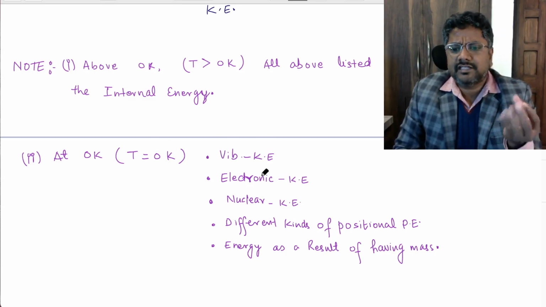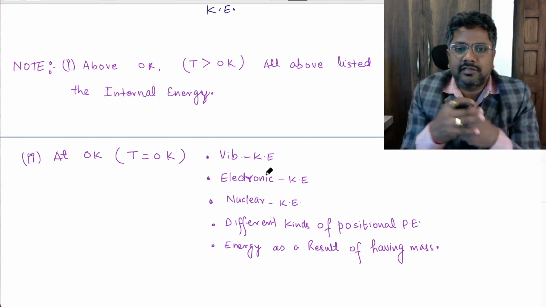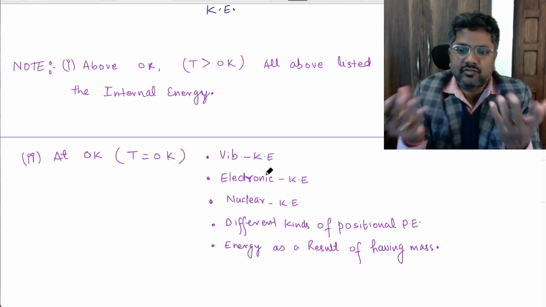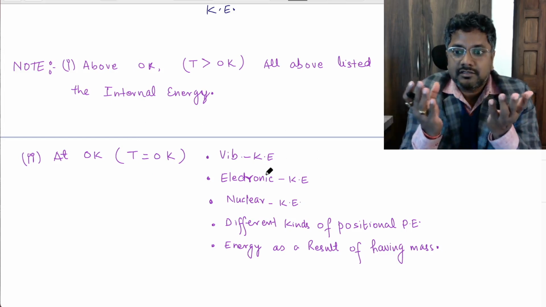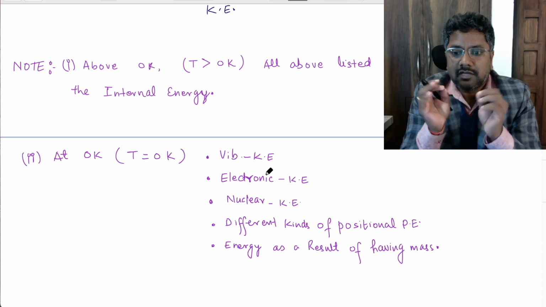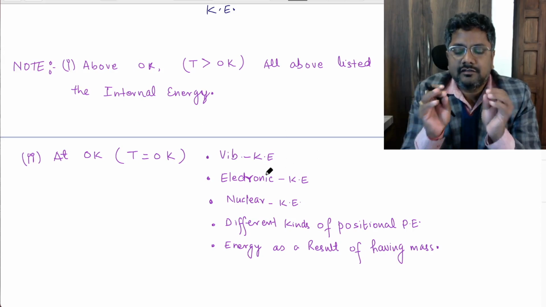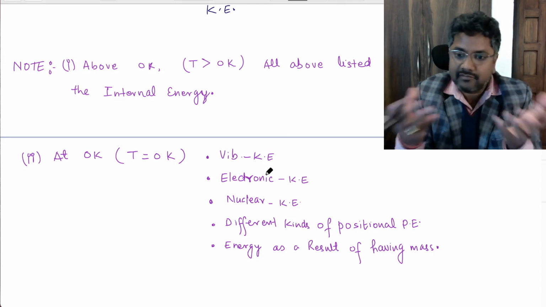But theoretically, you may have heard that at 0 Kelvin there is no energy in the system. This is not the truth. At 0 Kelvin, matter and energy will not disappear.